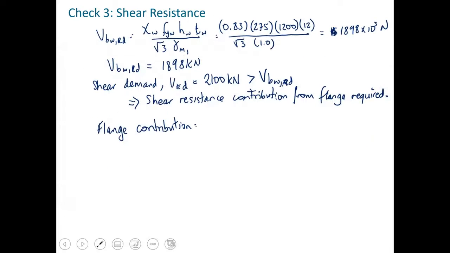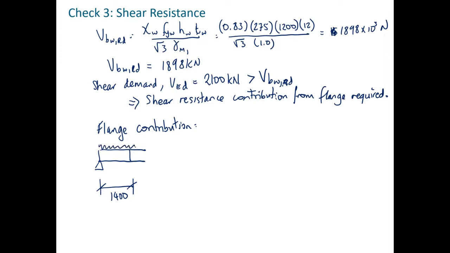But let's go back and have a look at where we are. So we're looking at the flange contribution. Just remember that we're looking at the different parts of the beam. The very first part of the beam that we're looking at is this part here, where the first stiffener is a distance of 1400 millimeters in.